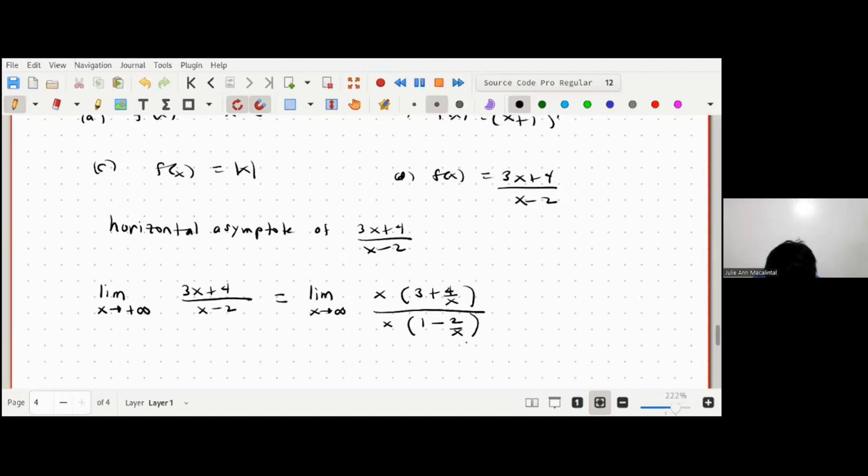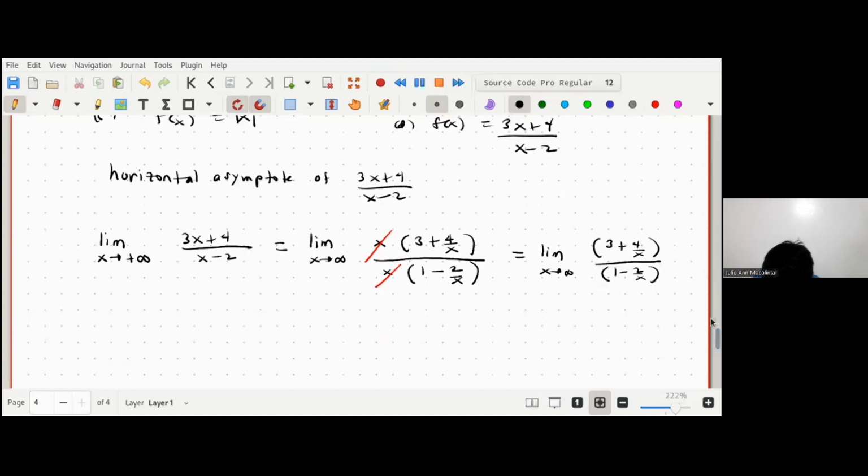Ngayon, if we're getting the behavior as x approaches infinity, yung x over x, we can cancel this out. At ang makukuha natin, limit as x approaches infinity of 3 plus 4 over x divided by 1 minus 2 over x. So, para makita natin behavior, ano ba nangyayari sa 4 over x as x approaches infinity?